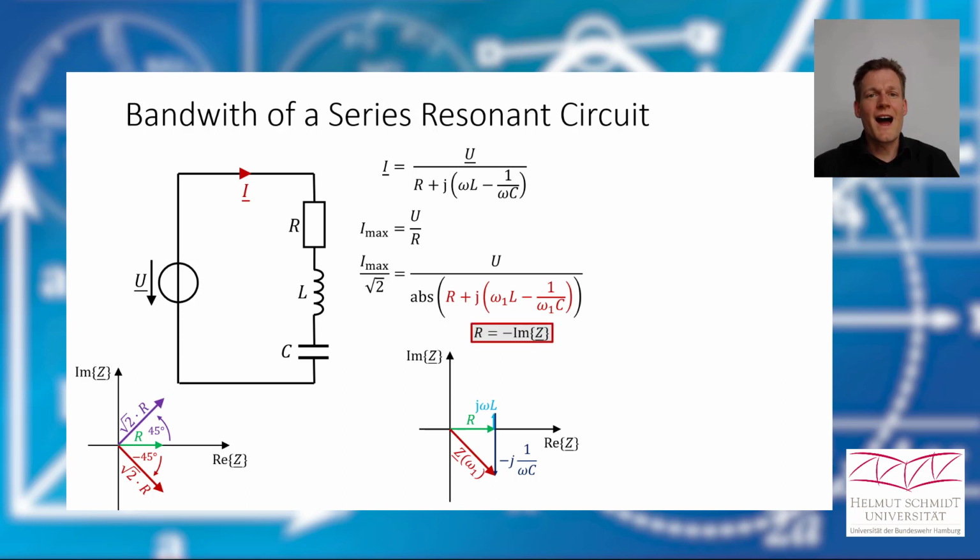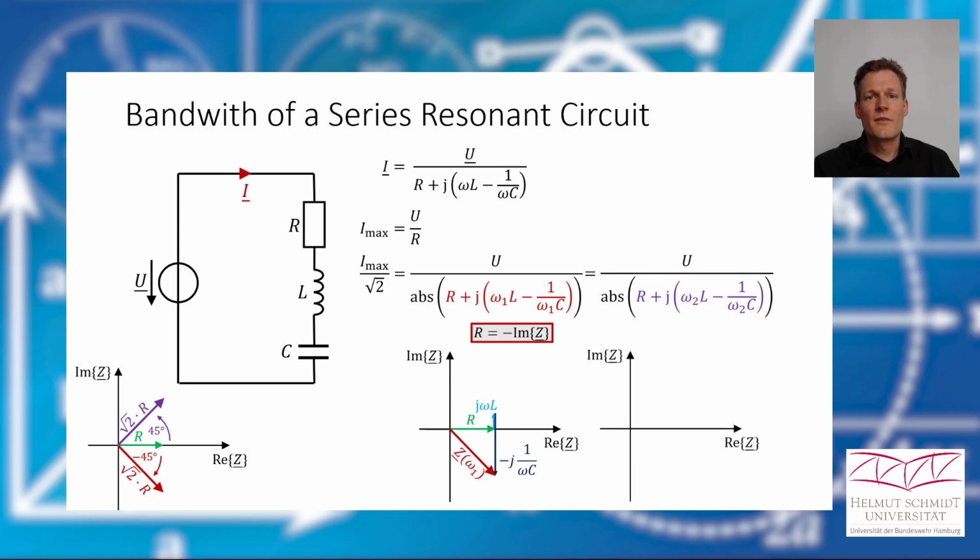And this means that R has to be the negative value of the imaginary part. For the other corner frequency, we have the same thought. We have our impedance of R, but this time the frequency is bigger, and that means that j omega L becomes bigger, and 1 divided by j omega C is smaller now.